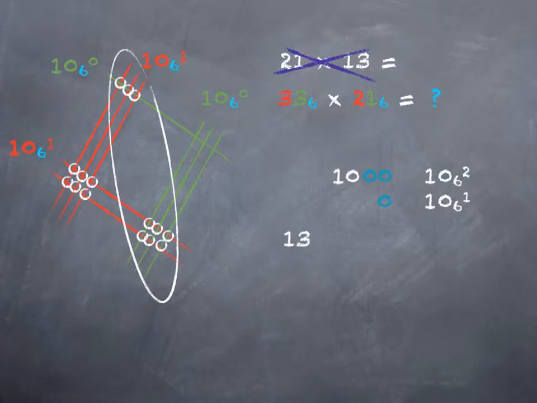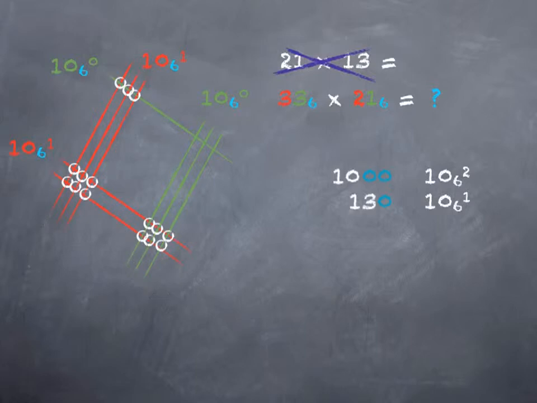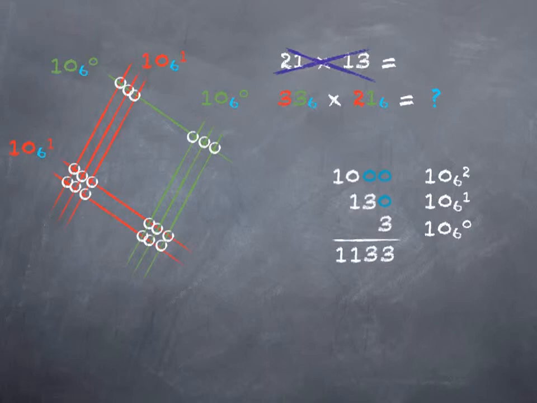So I have 1 3 groups of, let's say, 10s. My 1s I treat just like my 1s, and I have 3 of those. And when I add those up, you can see that I get 1,133, or really 1133 in base 6, which is true.